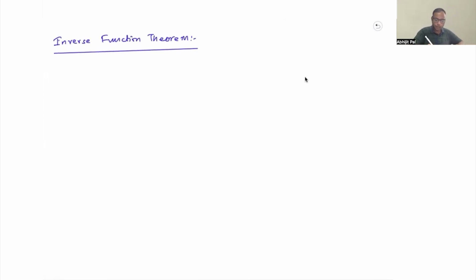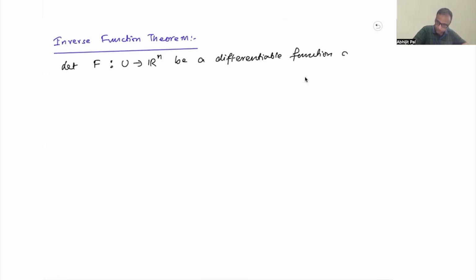Let f be a differentiable function from U to Rn, defined on an open subset U of Rn.